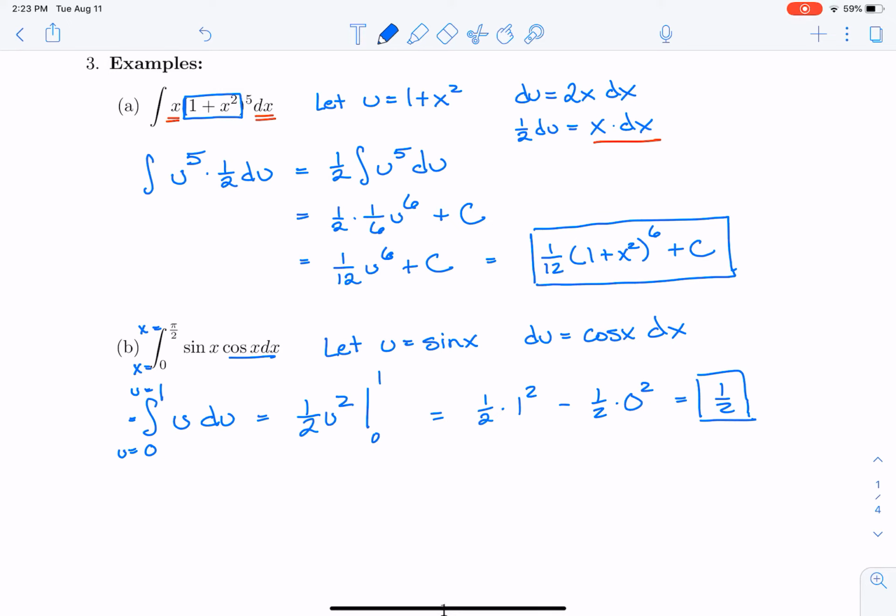So I really encourage you, if you've never done integration using substitution like this, to go ahead and change the limits of integration, because I do believe that that is the most efficient way to do these problems, and it will be better for you as the semester progresses.